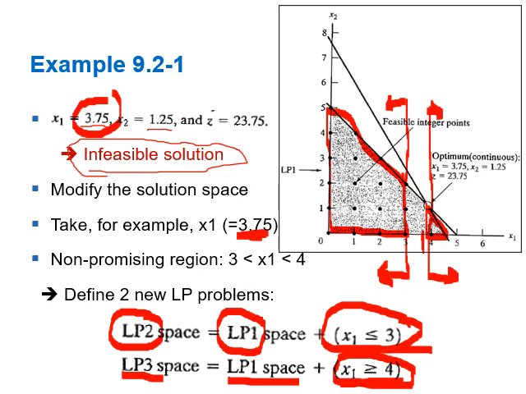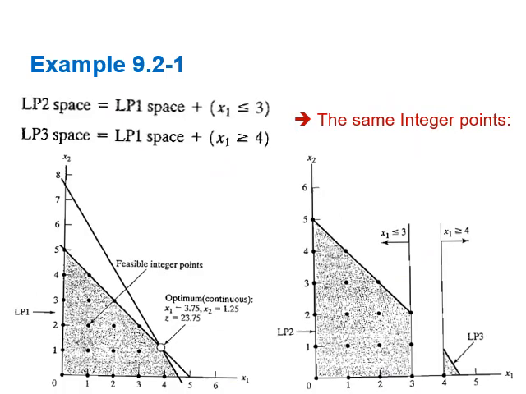Let's continue. As I said, to the feasible region of the original problem, if we include x1 less than or equal to 3 as a constraint, we get this left-hand side.